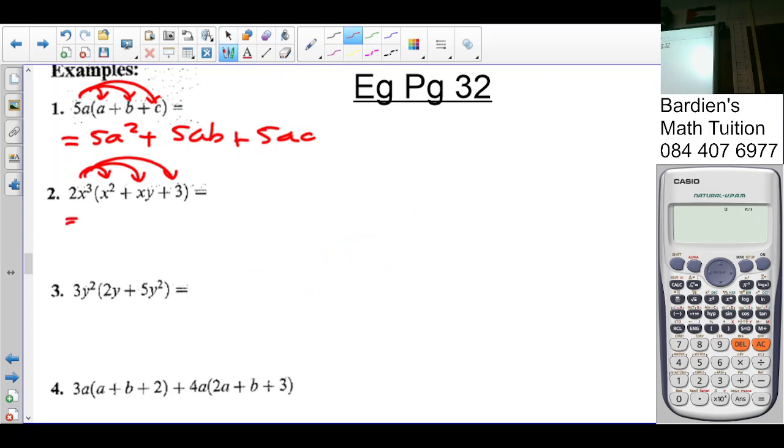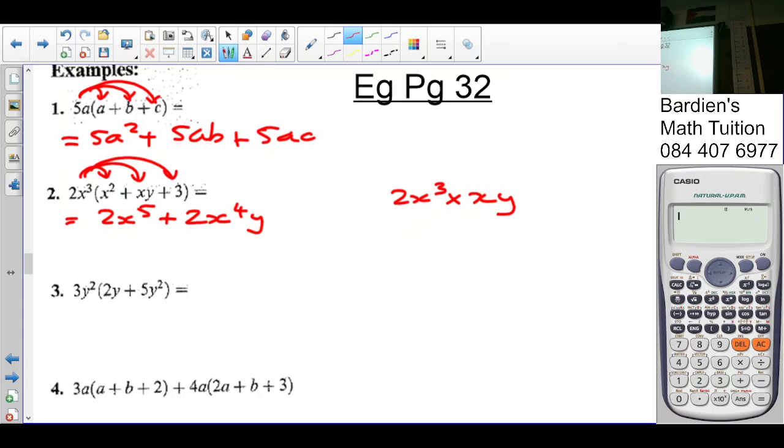So Mika, what is 2x cubed times x squared? Right, that's correct. 2x to the power 5. Now 2x cubed times xy. 2x to the power 4y. Remember, this is what it should look like. 2x cubed times xy.